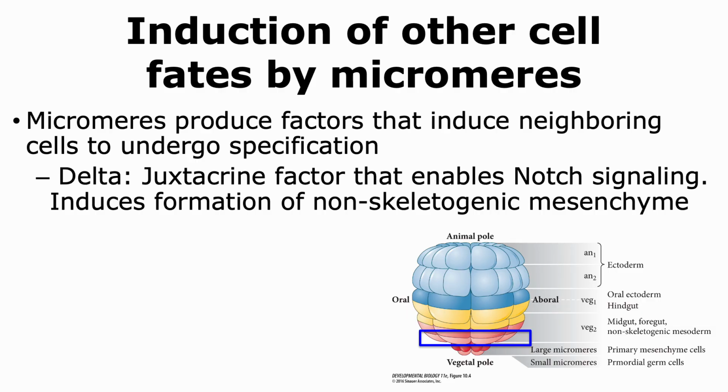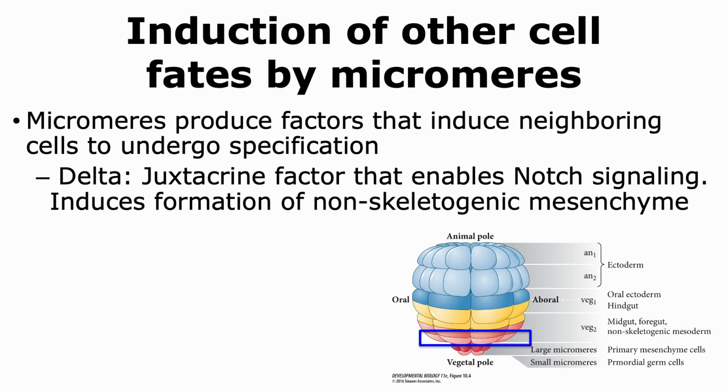Delta is able to interact with Notch, and Notch is expressed as a membrane protein in the cells that are right above the large micromeres. Thus, the interaction of delta and Notch, which requires a cell-cell interaction, results in the non-skeletogenic mesenchyme cells being formed from the layer of cells that are right above the large micromeres.